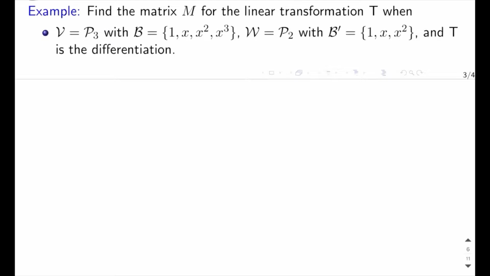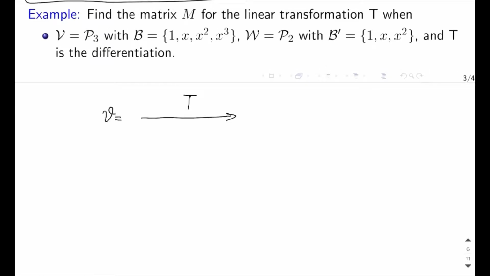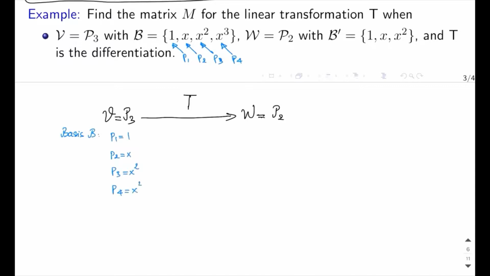In this example, we have the transformation T that goes from V, which is P3 in this case, into W, that is P2. So in V, we have the basis B that contains p1, which is 1, p2, which is x, p3, which is x squared, p4, which is x cubed.